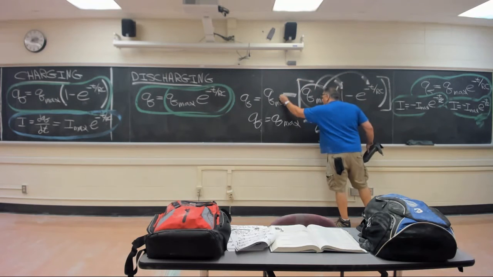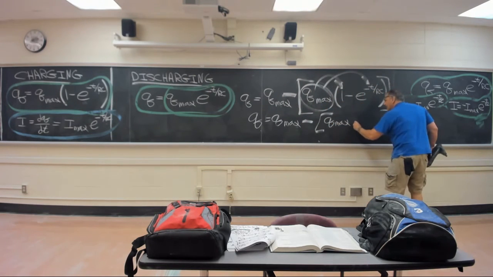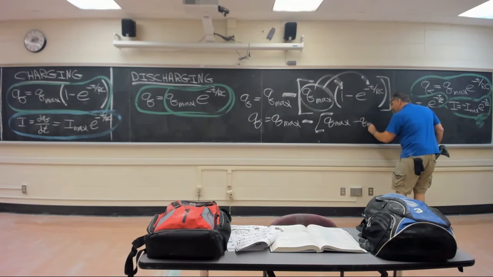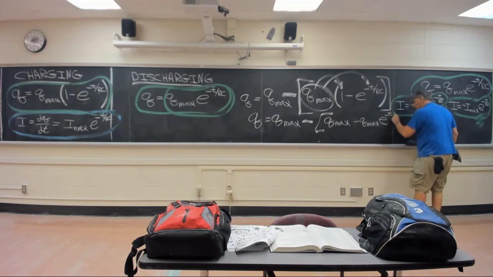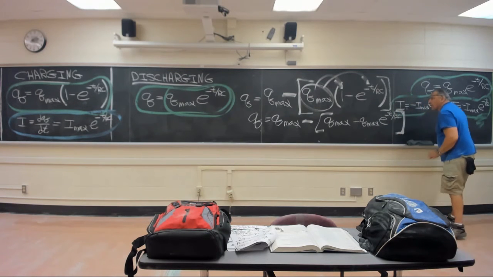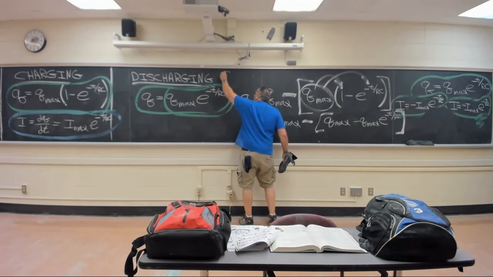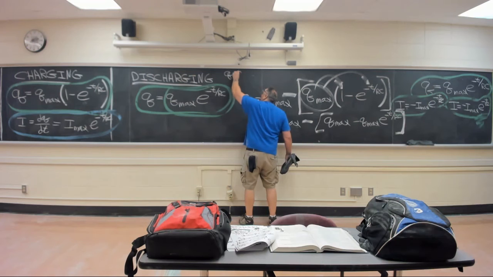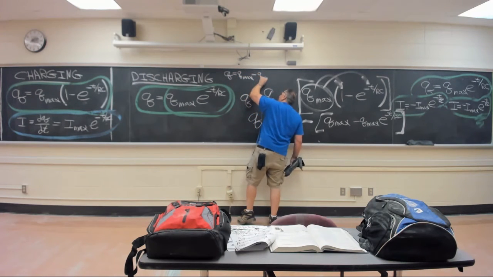This is this guy. Q max times this, Q max times that, minus Q max. That's simply just distributing all that out. It's Q max minus Q max.